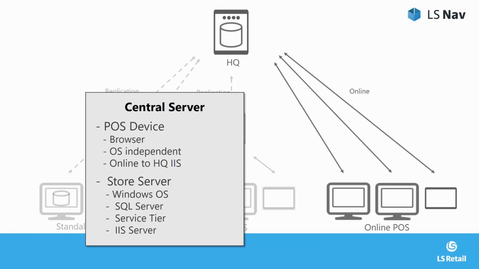Then we get to one that maybe in some years is going to be the standard: everything online, to the cloud, in real time. But the reality today is that not everyone has the luxury of having 100% communication lines. Still, retailers are relying on this.